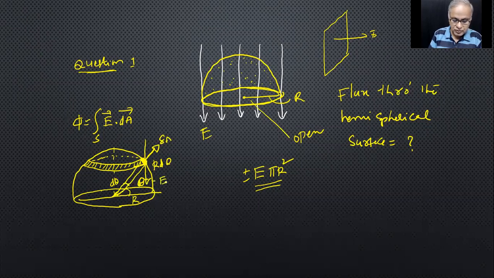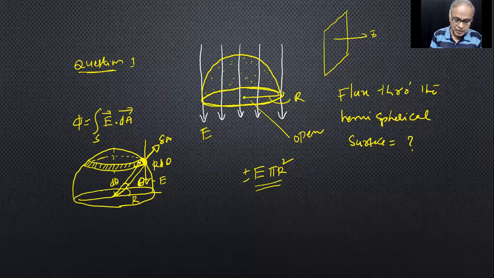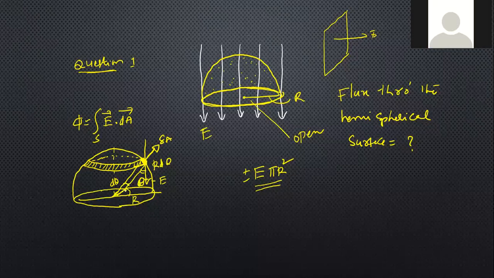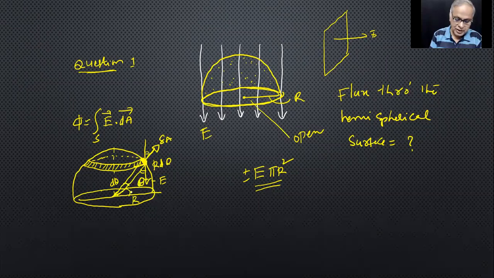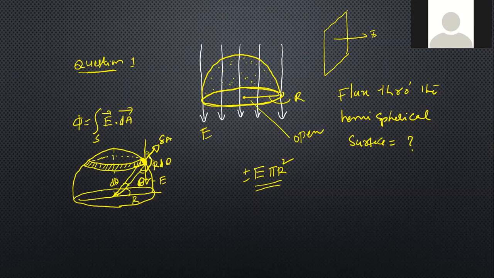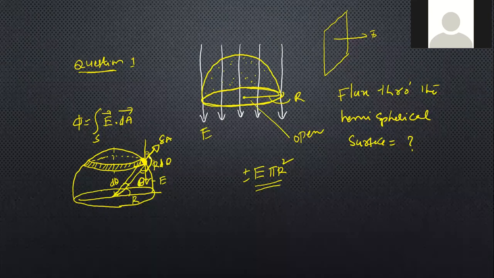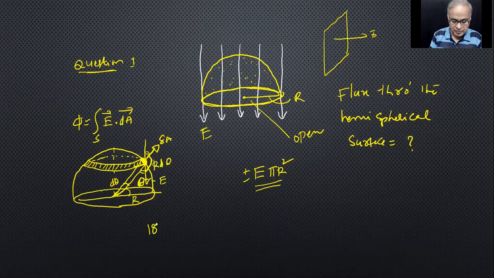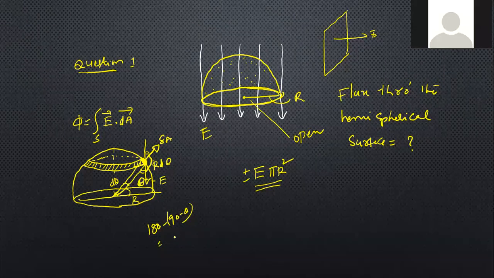So what is the angle between E and delta A here? If this is theta, this is 90 minus theta, right? So how much is this? 90 minus 90 minus theta, isn't it? Yes, 90 plus theta.